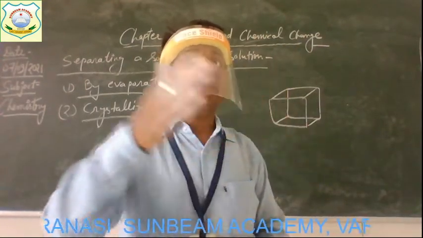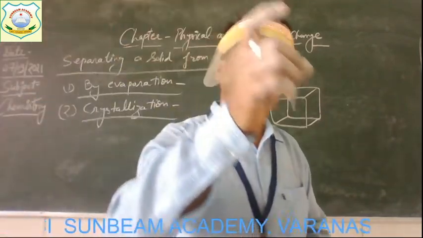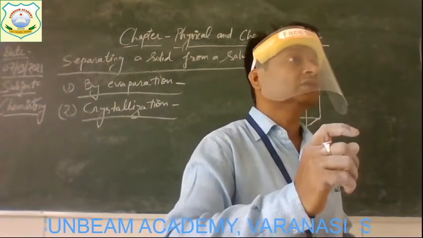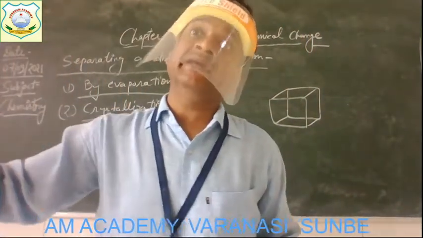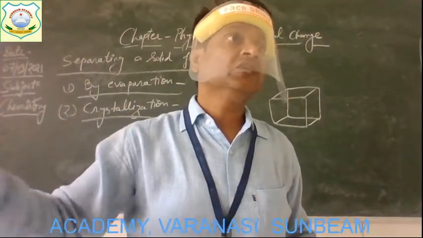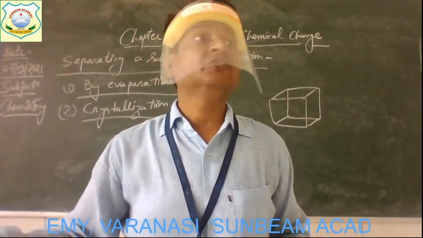So the shapes of different kinds of solids are different. Why? Because of the arrangement of their molecules. So the molecules are going to arrange in a different manner for different substances. So that is why they give different shapes to their crystals.